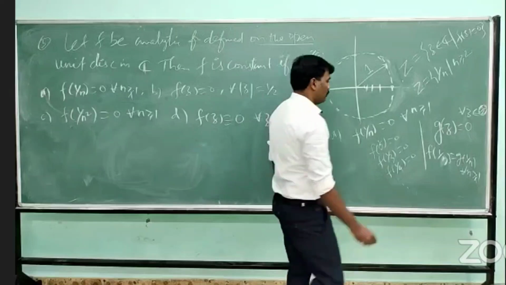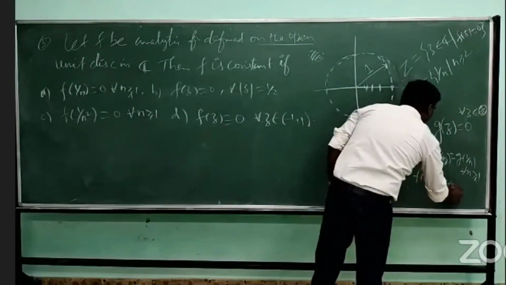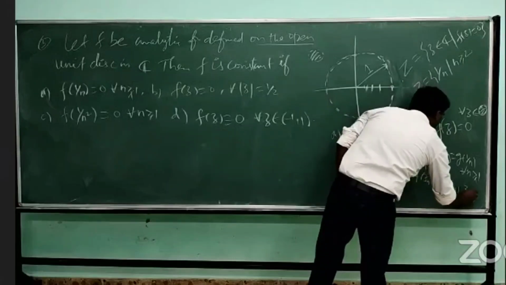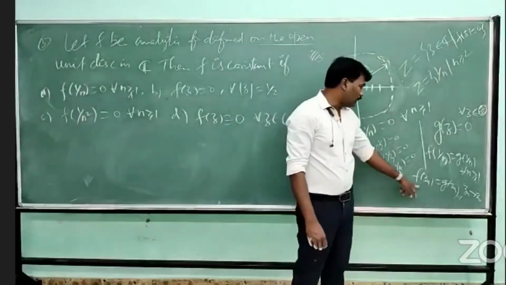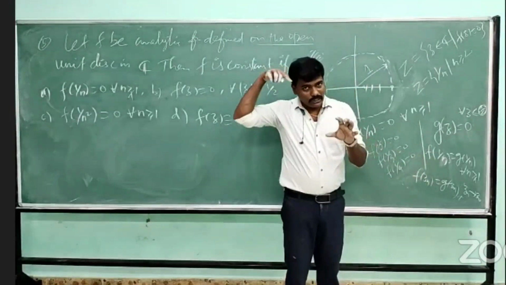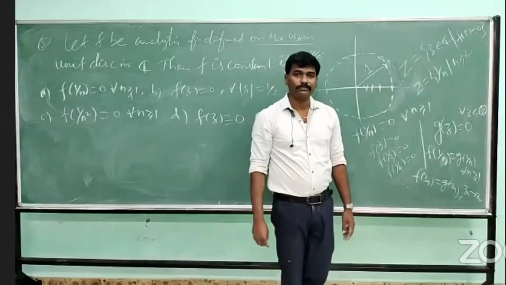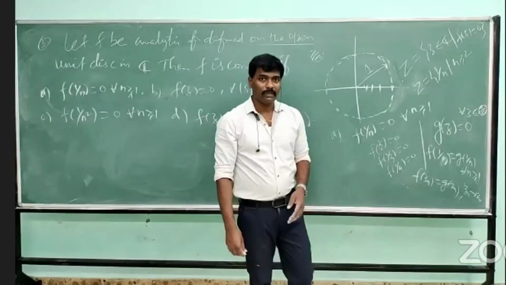That is f of zn equals g of zn. They are agreeing. Now zn converges to some z0 in the set D itself. Now zn equals 1 by n, which converges to a point in the unit disk itself.